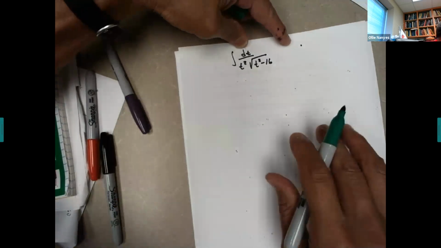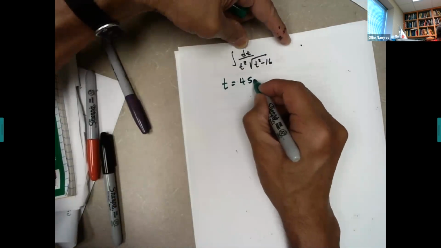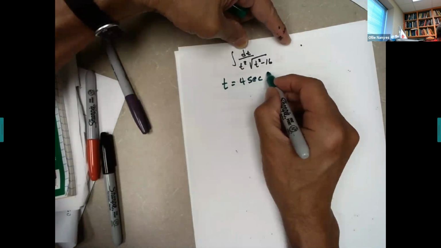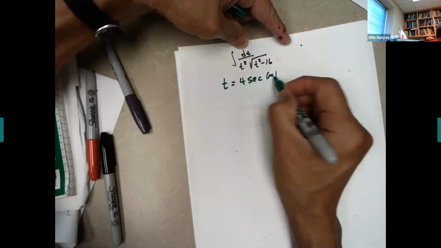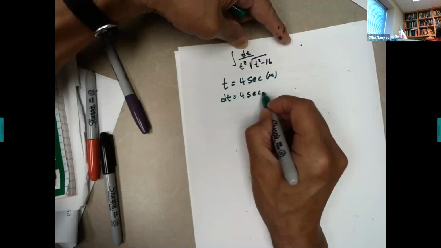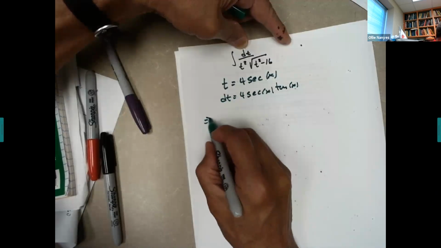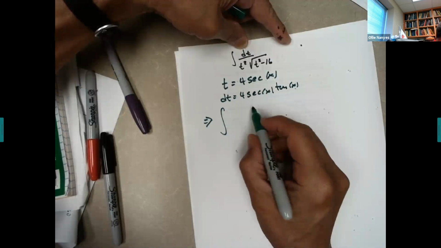I'll go ahead and try t equals 4 secant x. dt is 4 secant x tangent x. So let's see what this integral is transformed to.